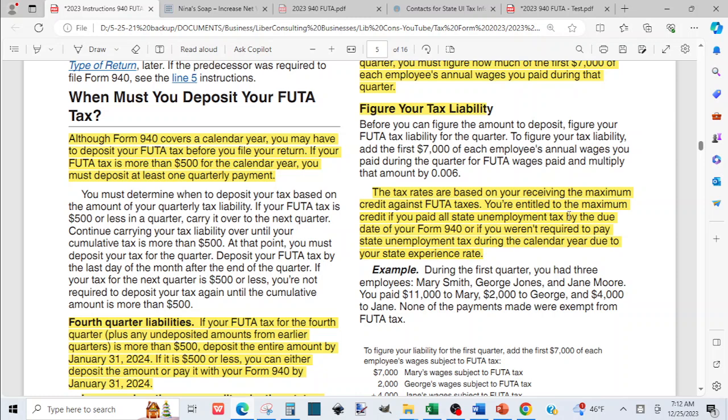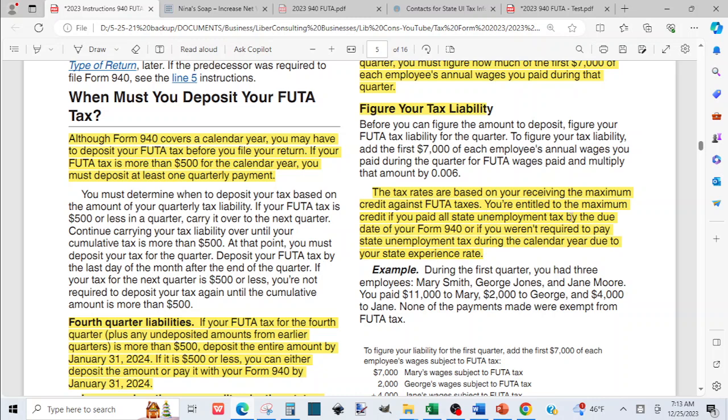You are entitled to the maximum credit if you pay all state unemployment tax by the due date of your Form 940, or if you weren't required to pay state unemployment tax during the calendar year due to your state experience rates. I'm going to read that section again. Your tax rates are based on you receiving the maximum credit against FUTA taxes.